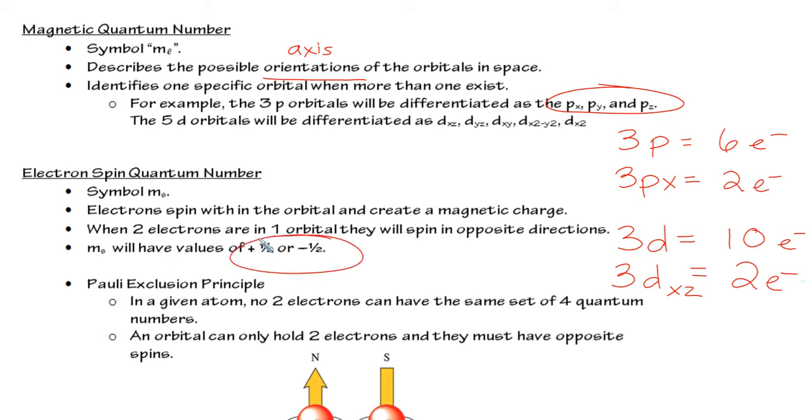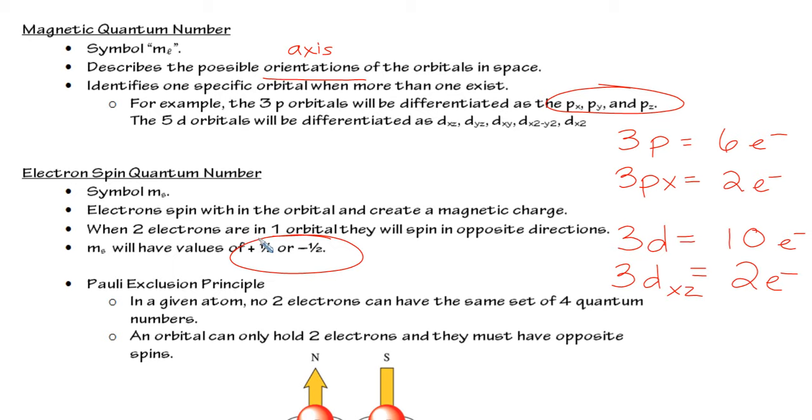At the end of a set of quantum numbers, you're going to see this plus or minus 1/2. When you have 2 electrons sharing an orbital together, and they're constantly moving, they create a magnetic charge. This magnetic charge causes the electrons to spin, and if there's two electrons in an orbital together, they'll always spin in opposite directions.